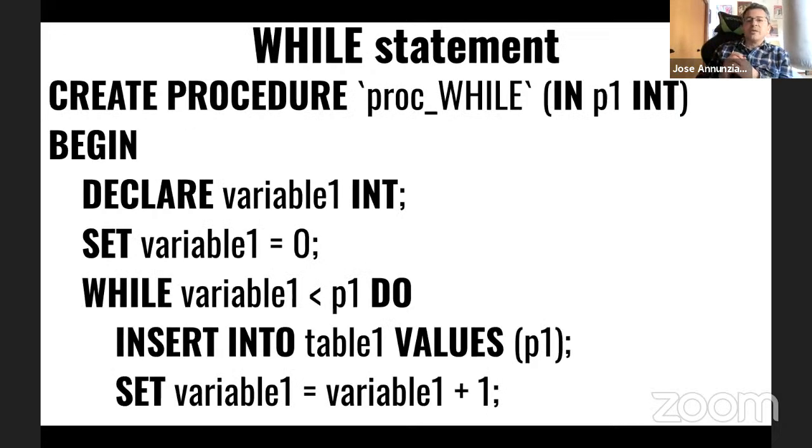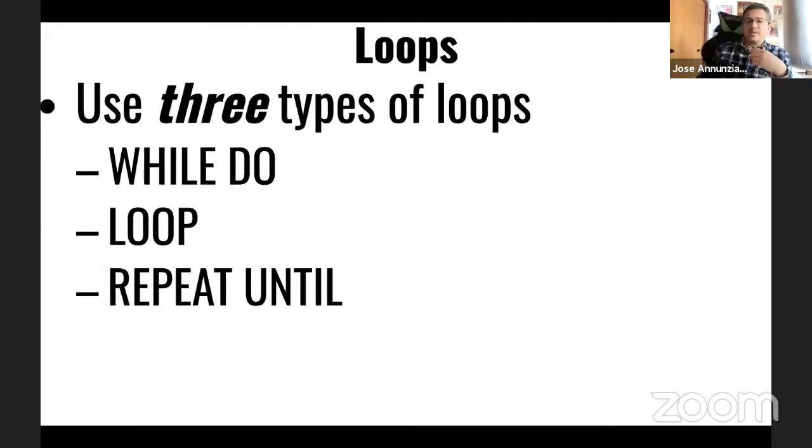So in the while, like we saw earlier, you stay inside of the loop as long as a predicate is true. You enter the loop only if the predicate is true first, as opposed to repeat until.